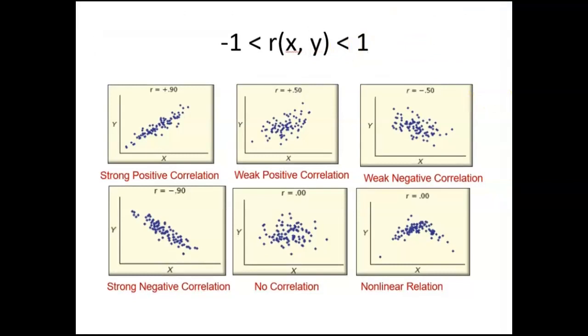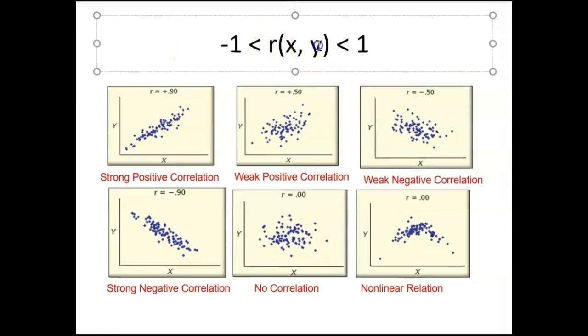So this goes from a strong positive correlation, which we saw with the gas prices, all the way to no correlation and a nonlinear relation. So positive correlation, the two variables move in the same direction, and so the scatter plot goes from the southwest region of the first quadrant to the northeast region of the first quadrant.